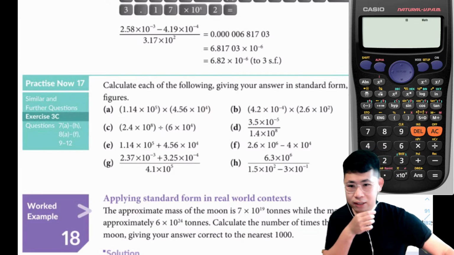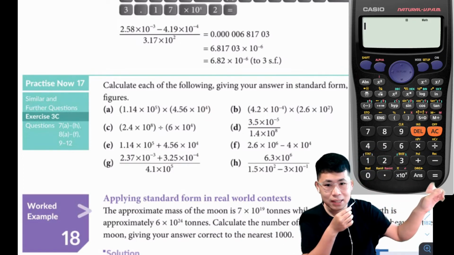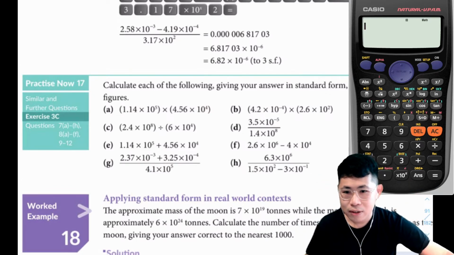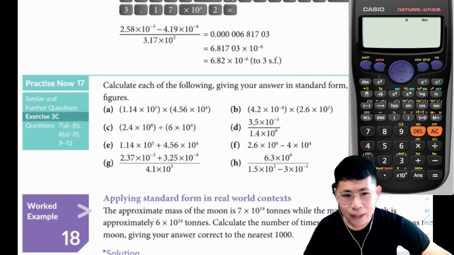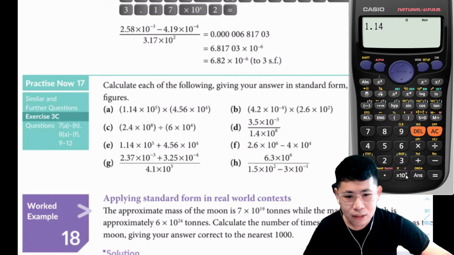As you can see over here, this one is beside the equal sign, beside the answer. Let me try a few of these so that we get the hang of this. So we have 1.14 times 10 to the power of 5 times 4.56 times 10 to the power of 4.